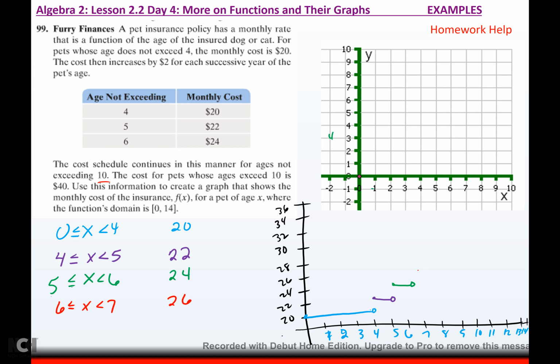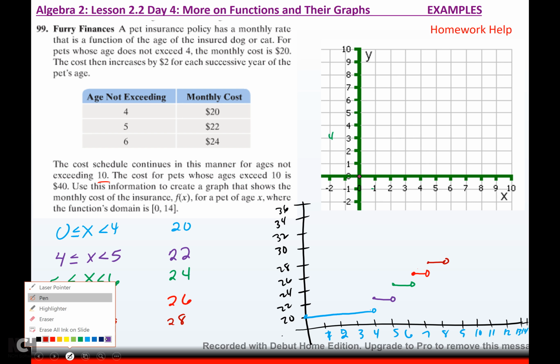So at 7, it's going to be 26, closed. 6 to 7 is open. 6 is going to be closed to open. Okay. Next, we're going to do 7 to 8, and that would bump me up to 28. So 7 open to close is 28.